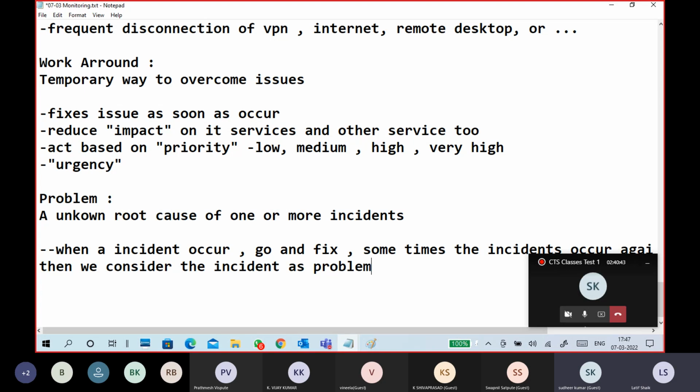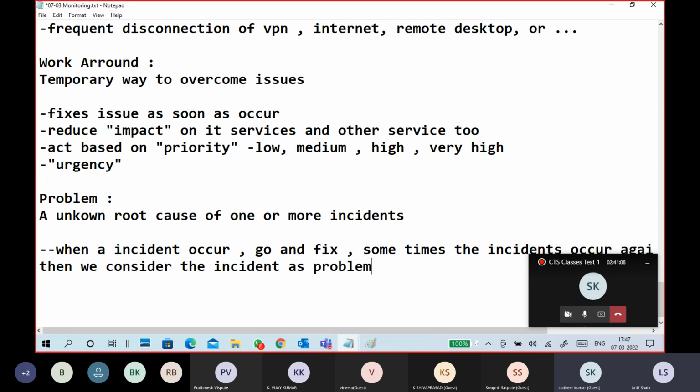Again after 2 days, the same issue occurs. You take the bike to the mechanic shop again, and he fixed it again. Again after 2-3 days, you got the issue again. So what is that thing?